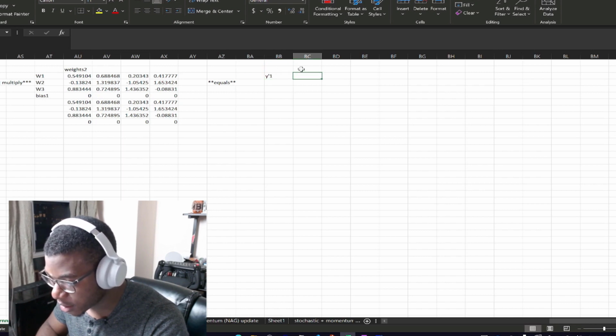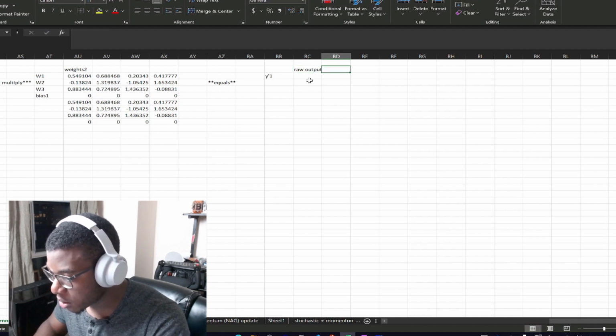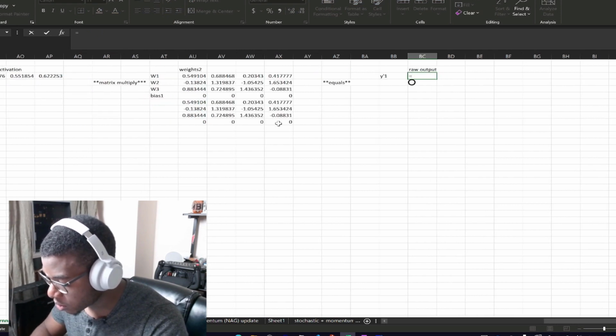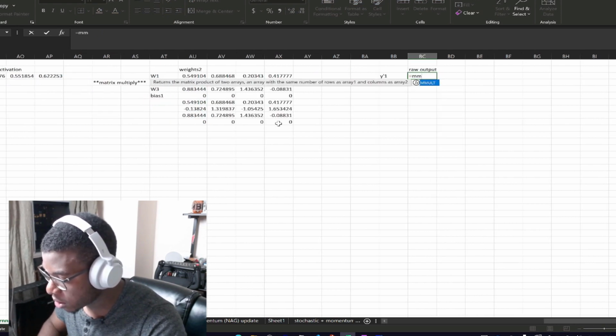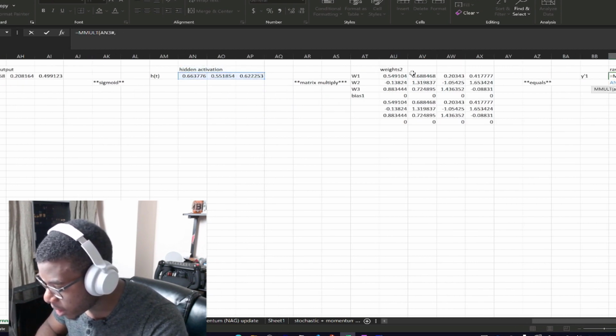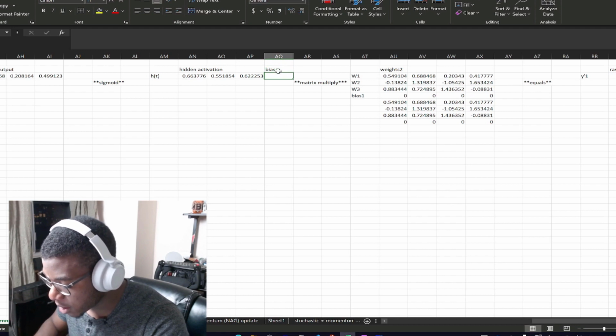And so here, what we'll have is raw output. Raw output will be the matrix multiplication of this guy and this guy. Oh, okay. So what I need to do is manually add another bias node.